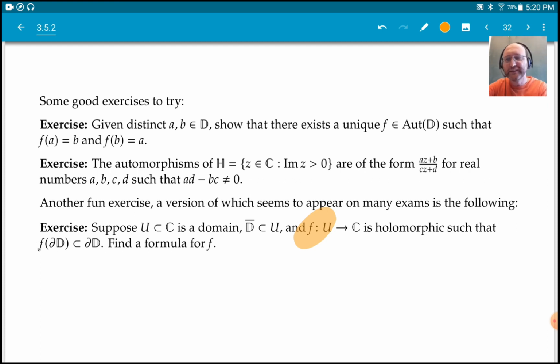Suppose it takes the circle to the circle. You're supposed to find a formula for f.